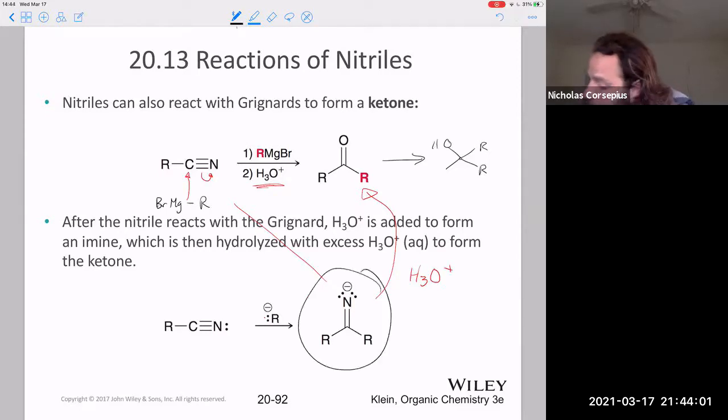And this species right here does not further react with Grignards, right? So this is a way to generate a ketone or an aldehyde using a Grignard reagent. You don't have to worry about the multiple rounds of addition occurring, because you haven't actually gotten to your aldehyde or ketone until the second step, right?